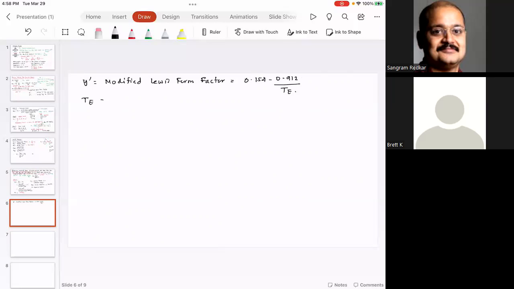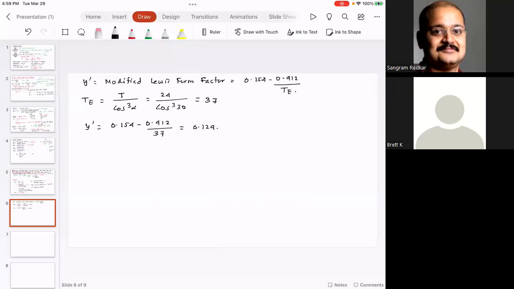So TE is equal to T divided by cosine cube alpha. T is 24. The helix angle is 30 degrees. So cosine cube 30. I think that answer is 37. Okay, thank you. TE is 37. So y prime is, my answer is 0.154 minus 0.912 divided by 37. And that answer is 0.129.